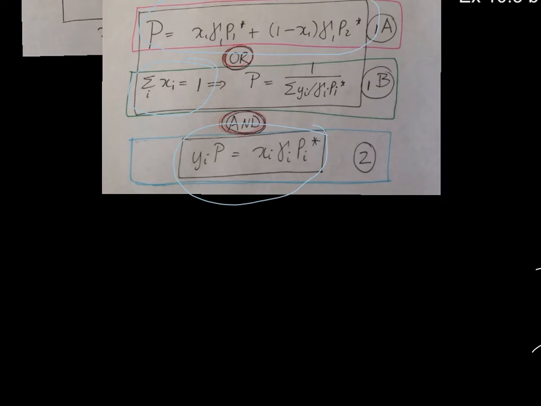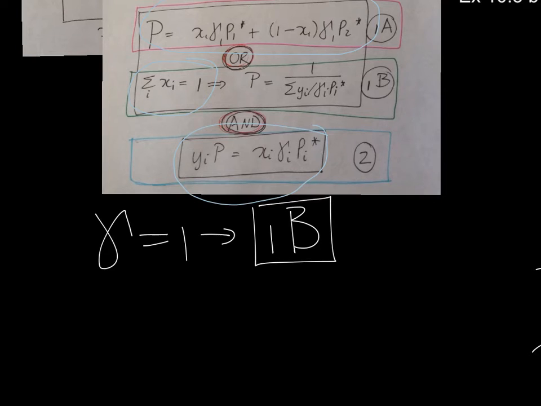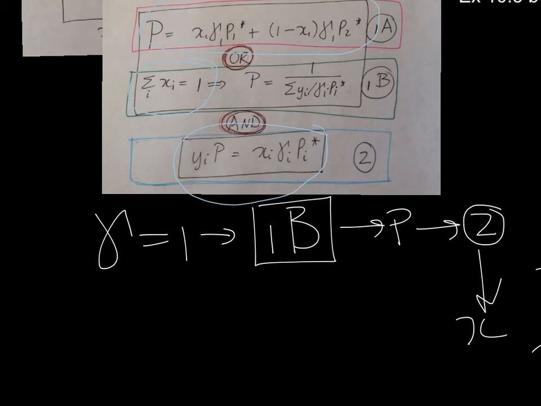To start your loop, therefore, set the gammas equal to 1. The next step would be to apply equation 1b in order to solve for the pressure. Once you have this first guess value for your pressure, you can apply equation 2 in order to solve for your x values.